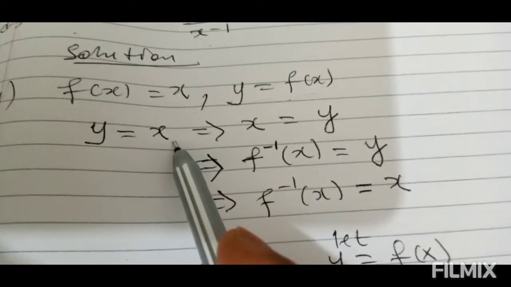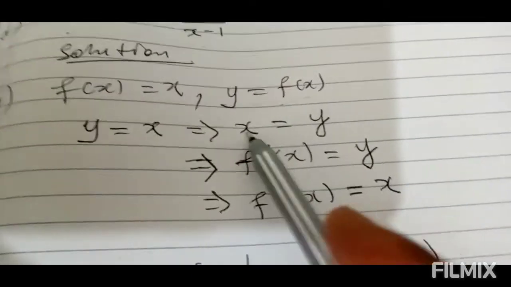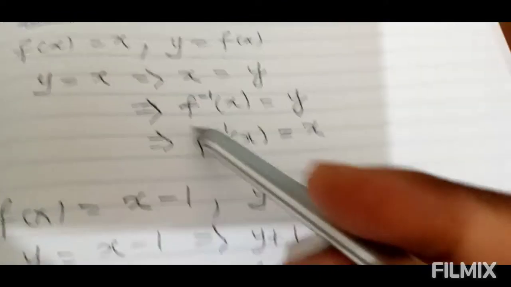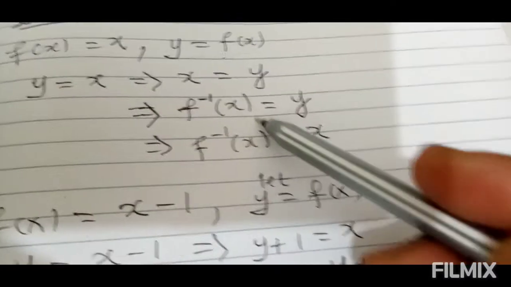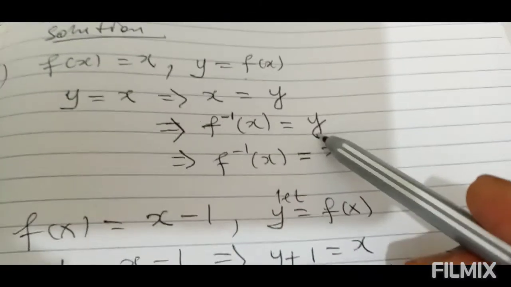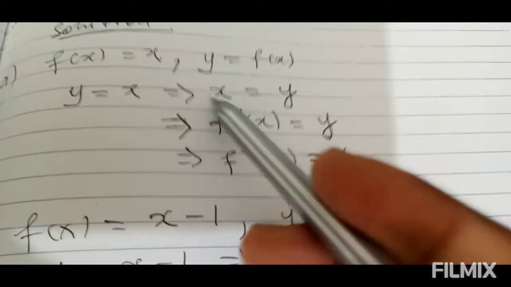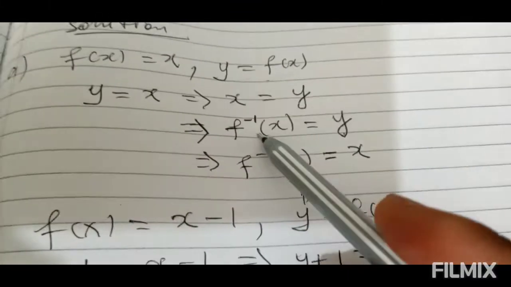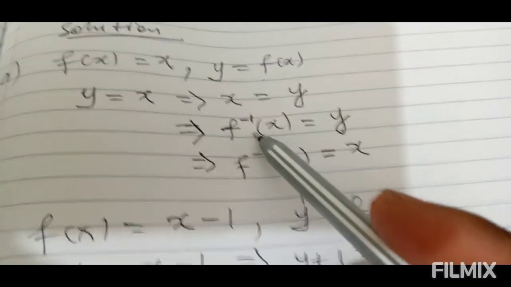Now, you are making x the subject of the formula. So, x is equal to y, okay? So, x is equal to y. Then, f inverse of x is equal to what? Y, okay? Because x is the same as f inverse of what? X, okay?